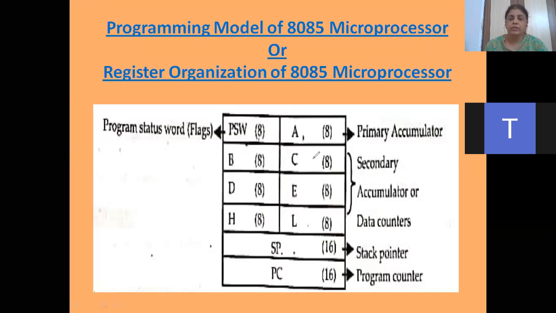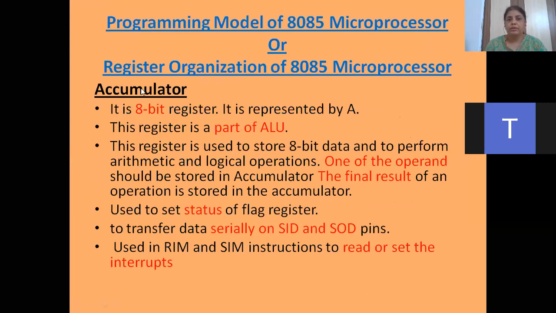Means one of the data should be in the accumulator, and after execution of that arithmetic and logical operation, the final result should be automatically stored in the accumulator. Understood? So these are the two important functions of the accumulator.